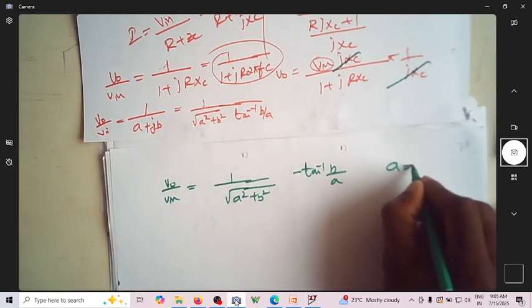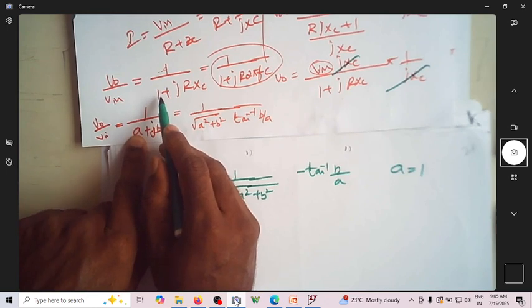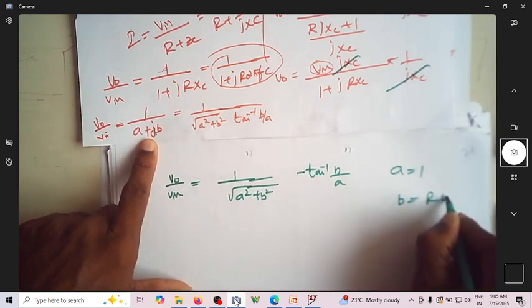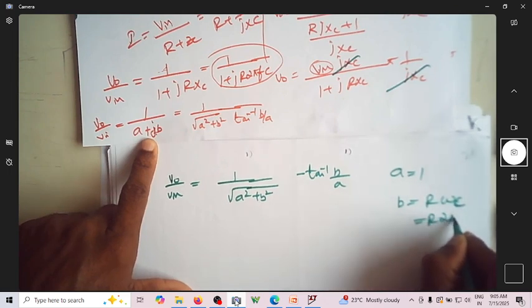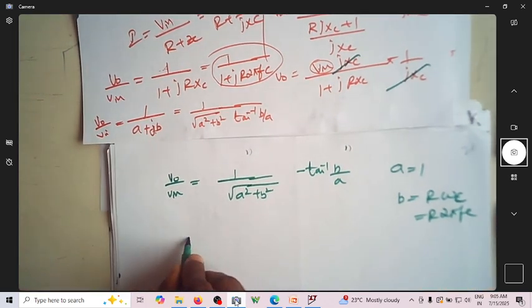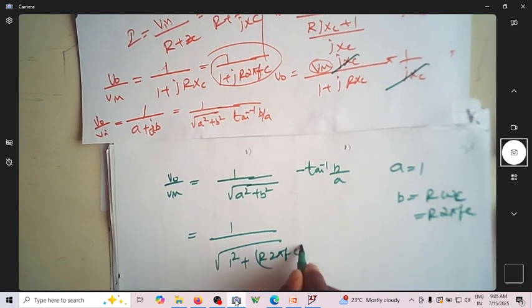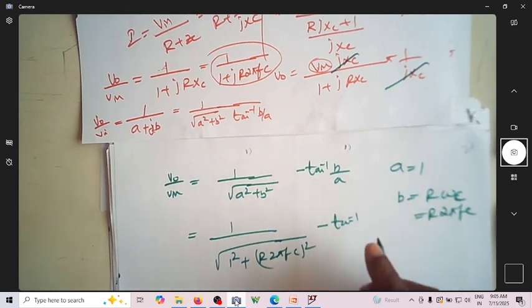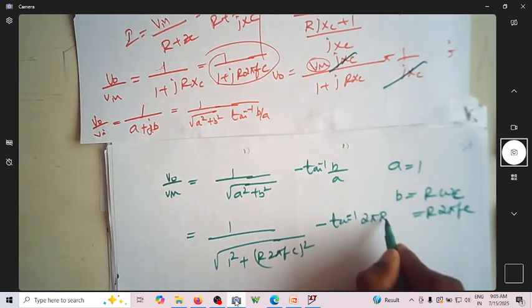You have, in place of a you have 1, because a is nothing but the coefficient of the real term. This is the coefficient of imaginary, which is b, R omega C, R nothing but R 2 pi fC. Correct? So I will write this as 1 over root of 1 square plus R 2 pi fC whole square, and the phase is minus tan inverse of b, which is tan inverse of 2 pi R fC.